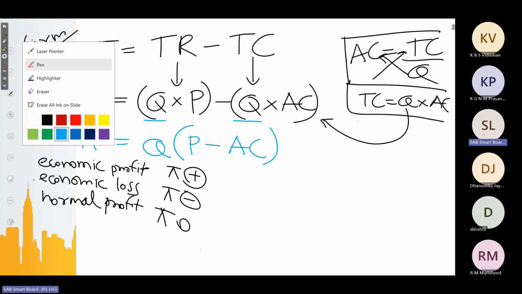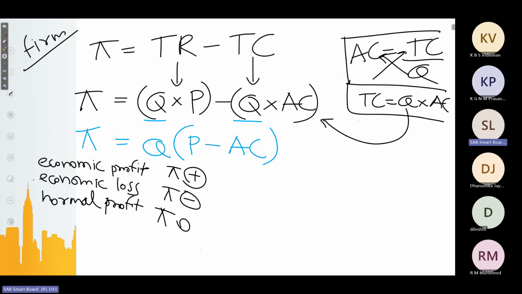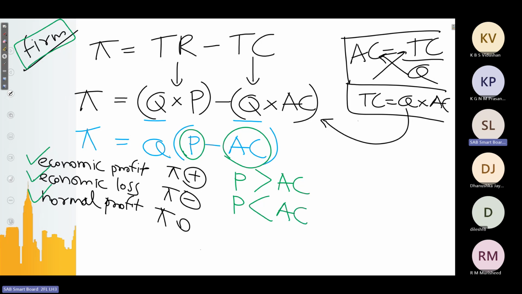So we can understand in which situation a particular firm is operating at. We can identify the particular situation that a firm is facing by simply looking at the price and average cost. When price is greater than average cost, there will be an economic profit. When price is less than average cost, there will be an economic loss. When price and average cost are equal, there will be a normal profit.